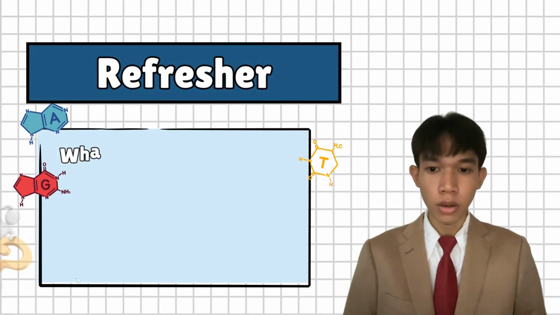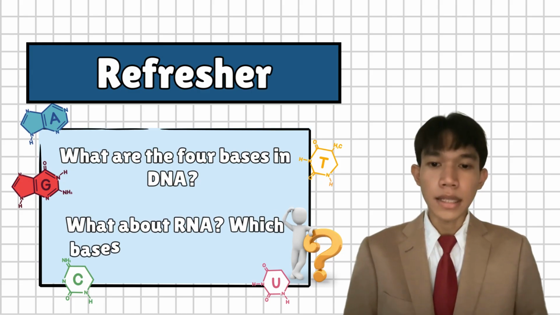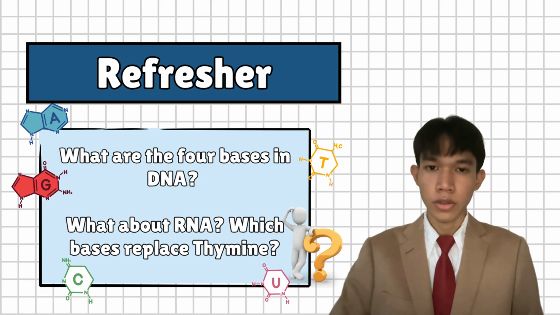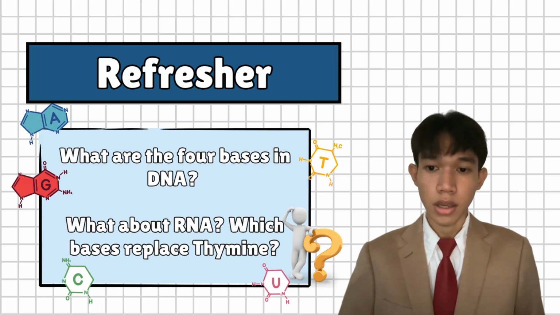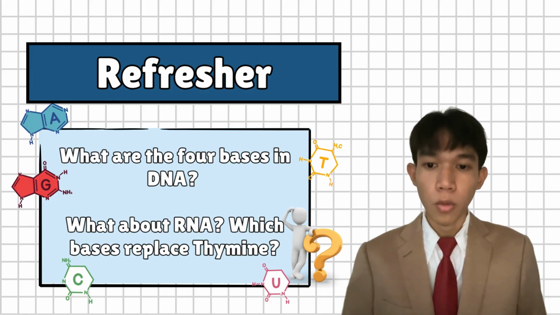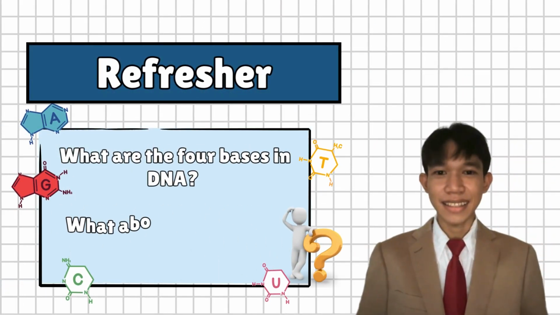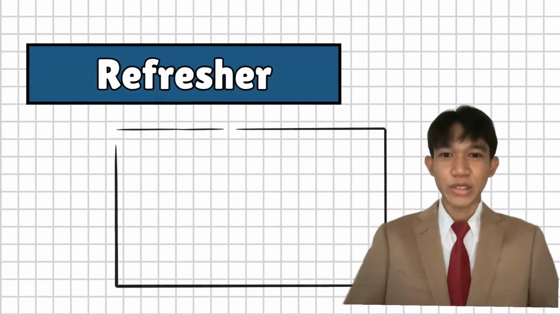To understand the code, we need a quick refresher. Let's see who remembers their nucleotides. So, what are the 4 bases in DNA? And what about the RNA? Which base replaces thymine? Great!